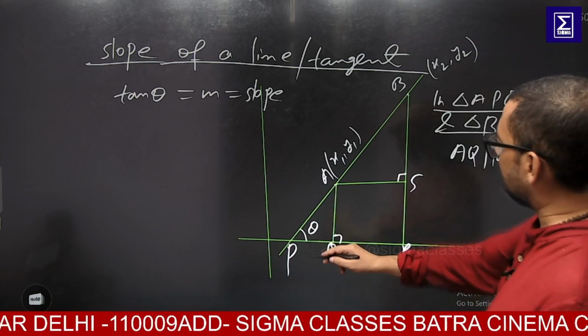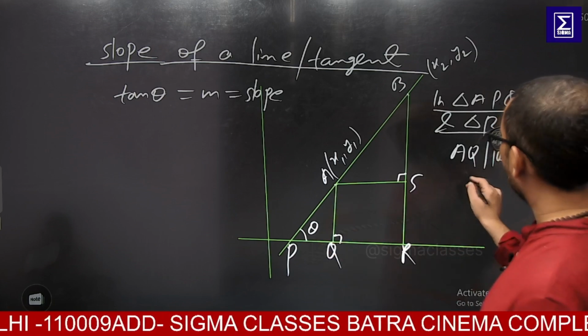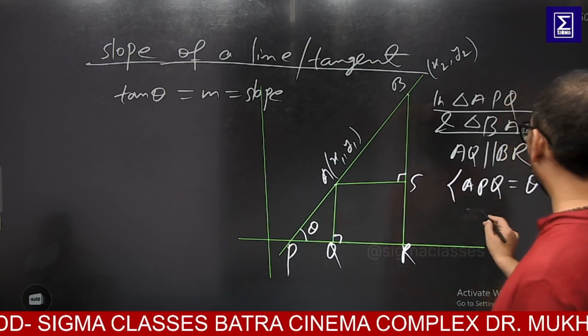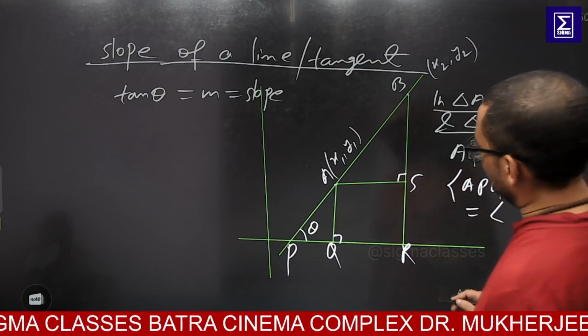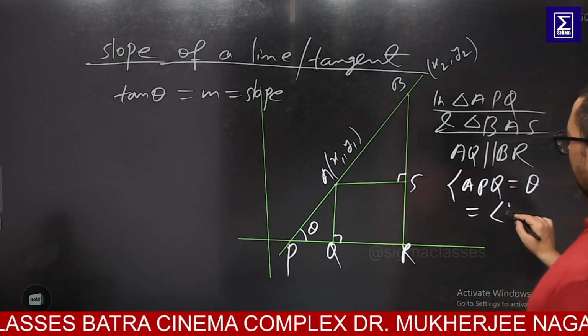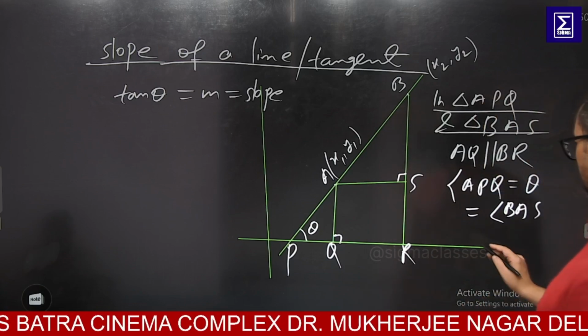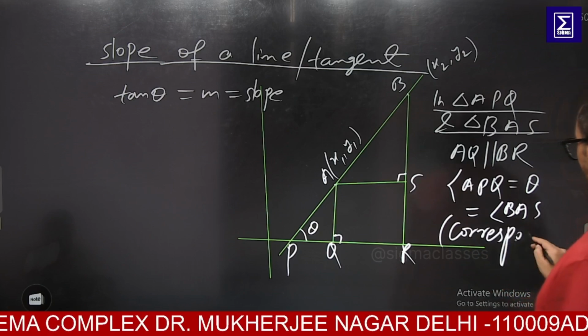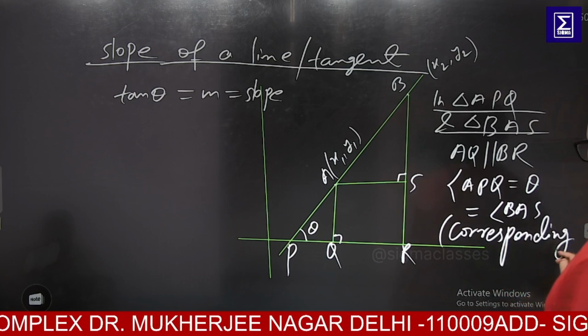So it means angle APQ, that is equal to theta, will be equal to angle BAS, or this is nothing but corresponding angle. Corresponding angle.